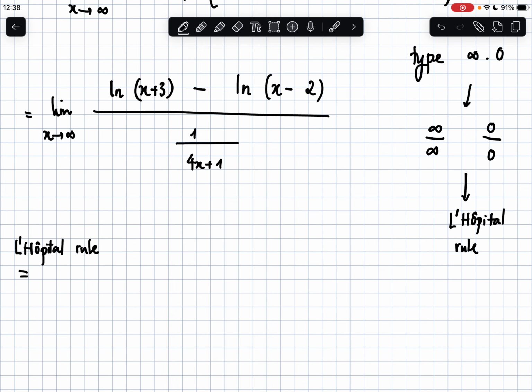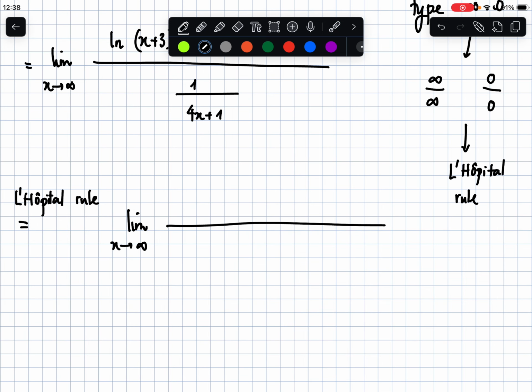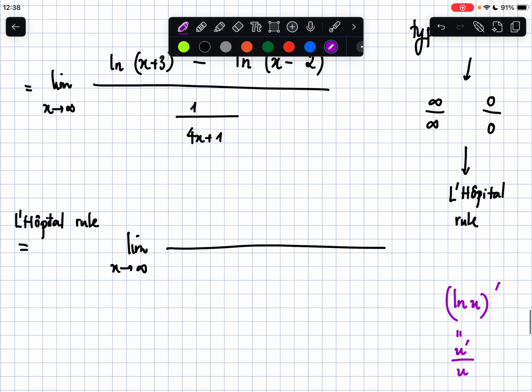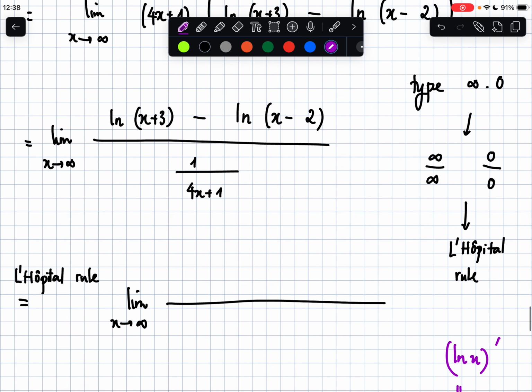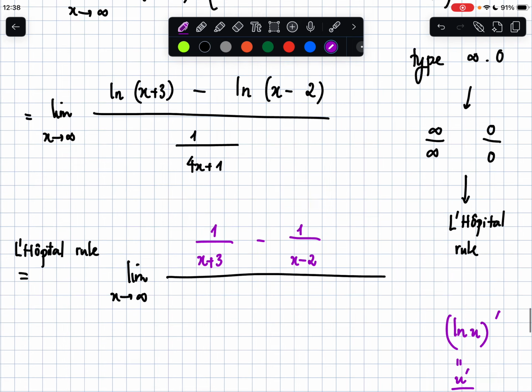I take the derivative of the numerator over the derivative of the denominator. The derivative of ln of u is u prime divided by u. To use this here, the derivative of x plus 3 is 1, divided by x plus 3, minus 1 over x minus 2.